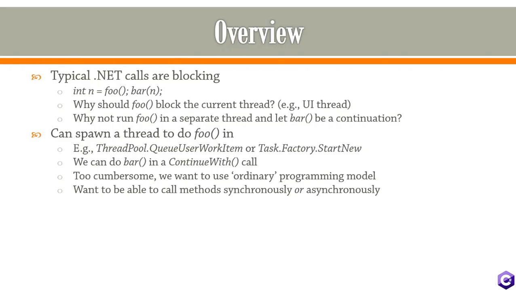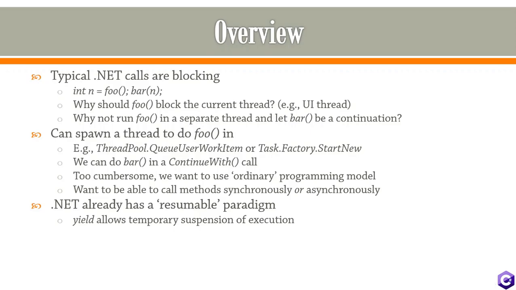Now, this idea of being able to resume something is actually already in the .NET Framework, because we already have a resumable paradigm, and this comes to the history of where the async and await keywords come from. We have the yield keyword, and the yield keyword is very interesting in .NET because it allows a temporary suspension of execution. That's when you're iterating some container, for example, and it keeps yielding you values, but you can pause at any time, do your own work, and then come back to getting the next element from the container.